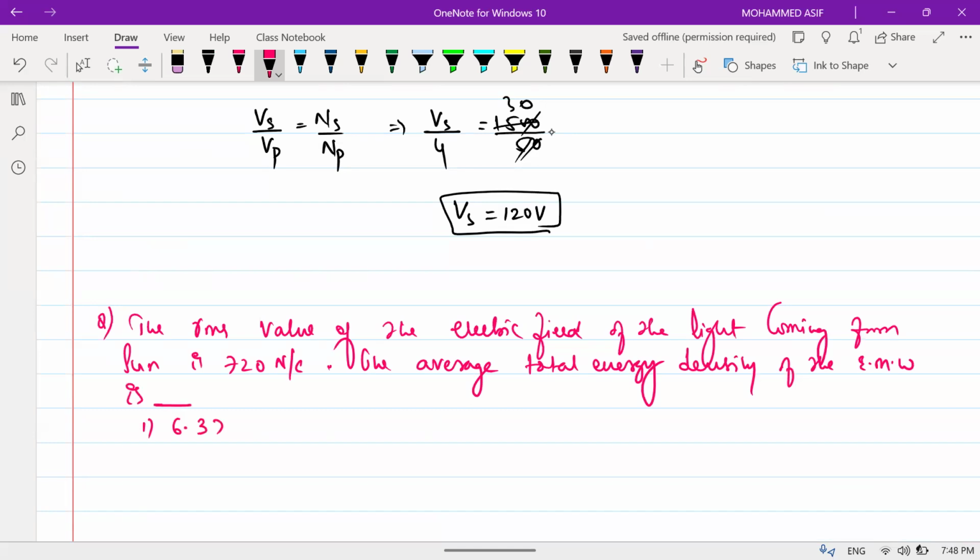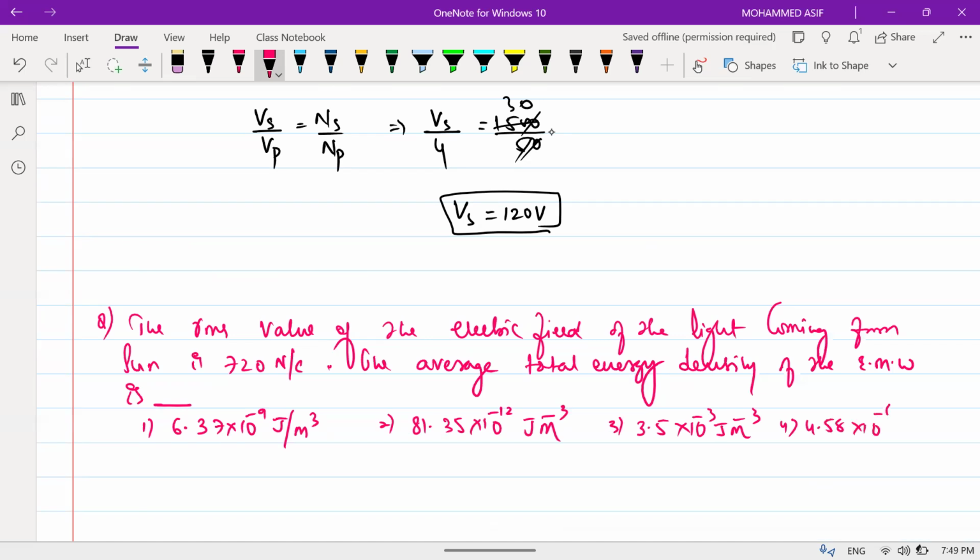Options are: 6.37 into 10 to the power of minus 9 joule per meter cube; second option is 81.35 into 10 to the power minus 12 joule meter inverse cube; third one is 3.5 into 10 to the power of minus 3 joule meter inverse cube; fourth one is 4.58 into 10 to the power of minus 6 joule per meter cube.